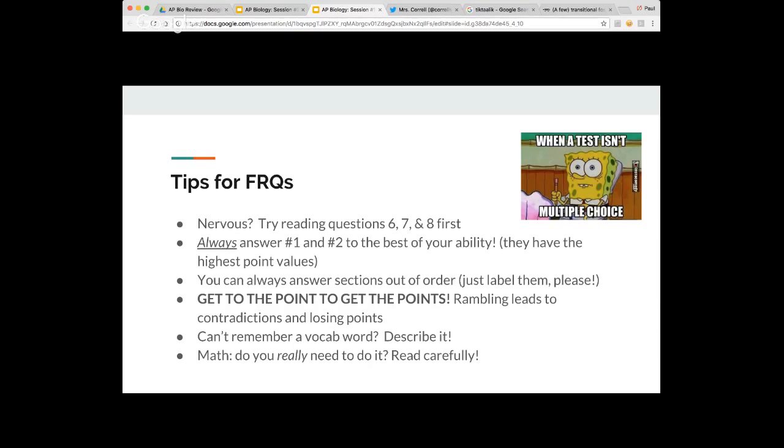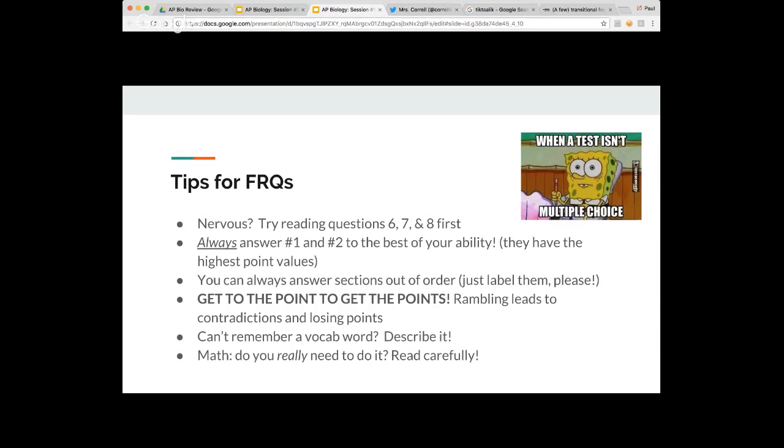And then the last thing is about math. So question 1 or 2 usually contains some sort of a math-based thing. It could be anything. What you have to ask yourself, though, you have to calm down and breathe, and you have to say, do I really have to do any math? Are they asking me for a calculation? If it doesn't say calculate in bold, chances are you don't.